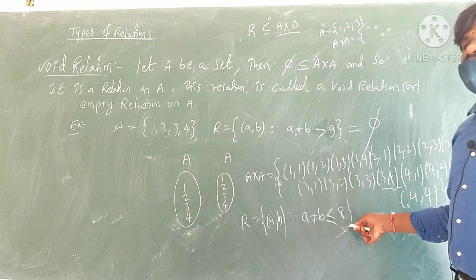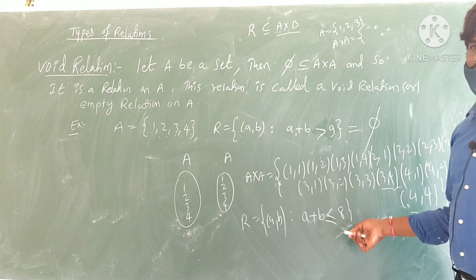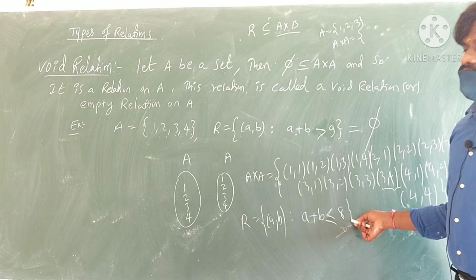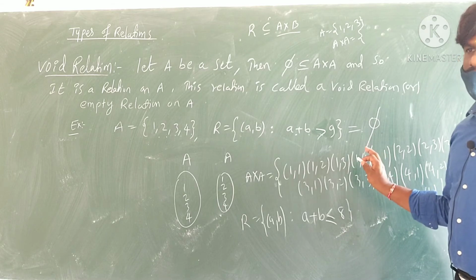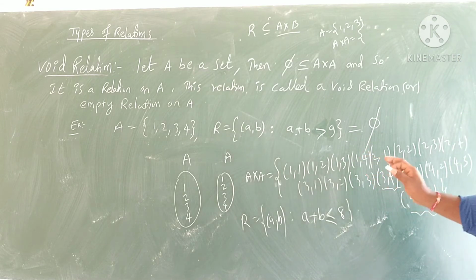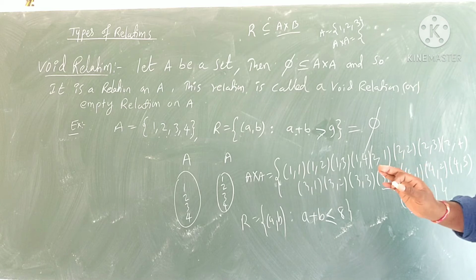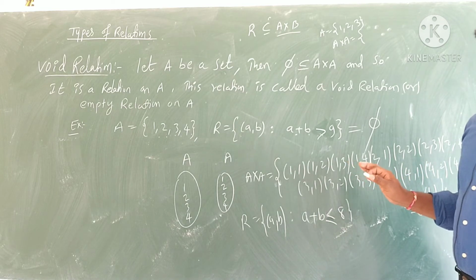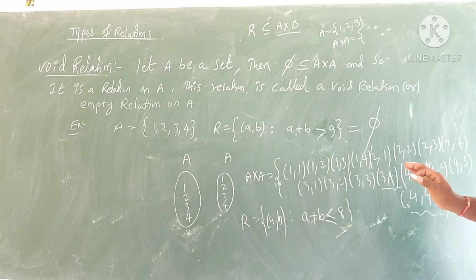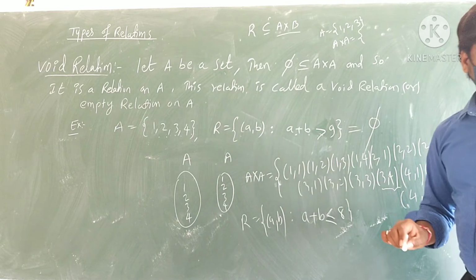In this case you will say universal relation, because the biggest relation is happening. Got it? Understood? So this is the empty relation.